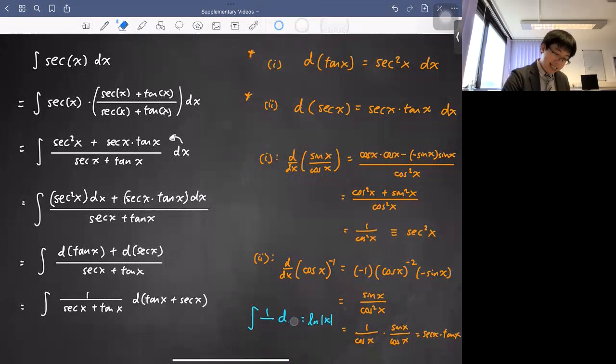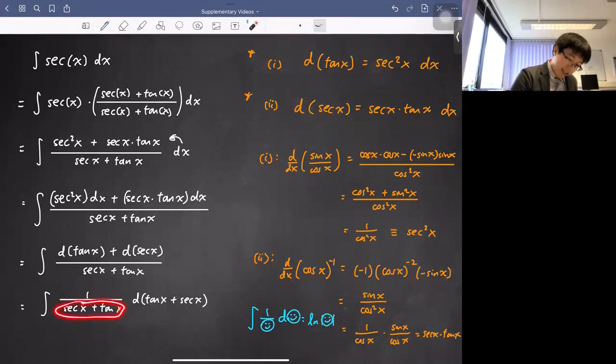The idea is that x is just a dummy variable. This could be the integral of 1 over a happy face with respect to the happy face, and then I'm going to have the log of the happy face. Here we have 1 over this chunk with respect to this chunk, so it's just the log of this chunk. Remember the plus c.